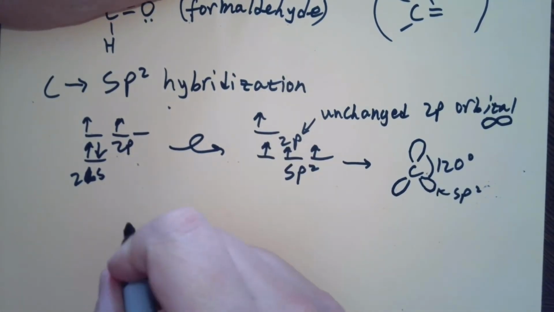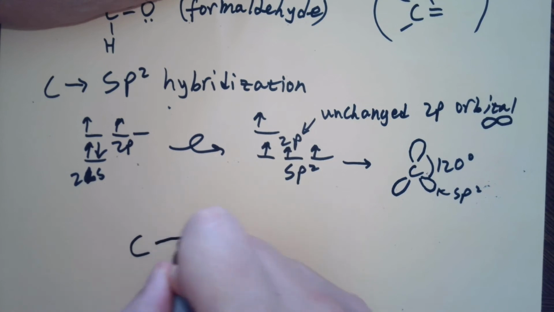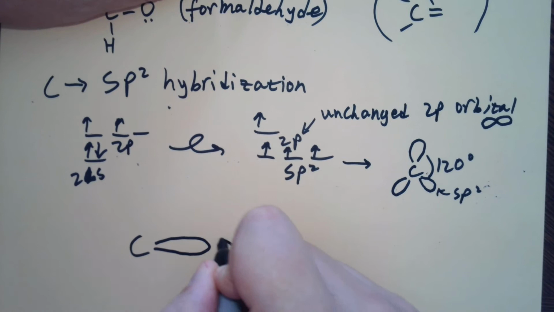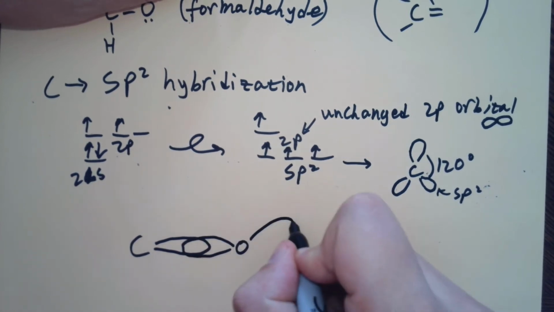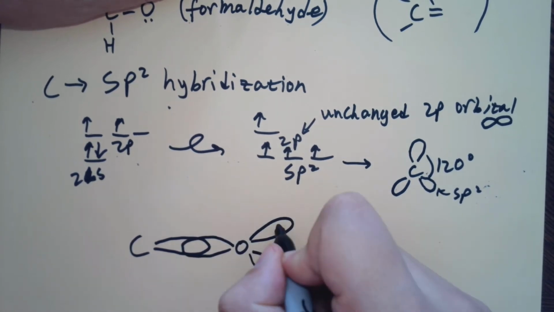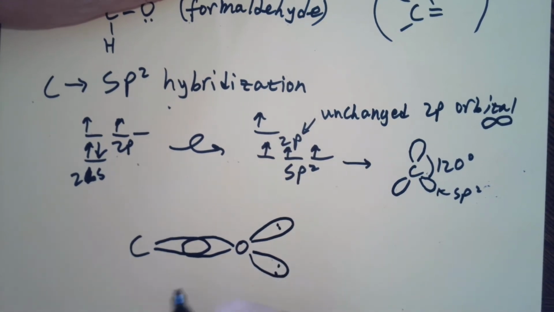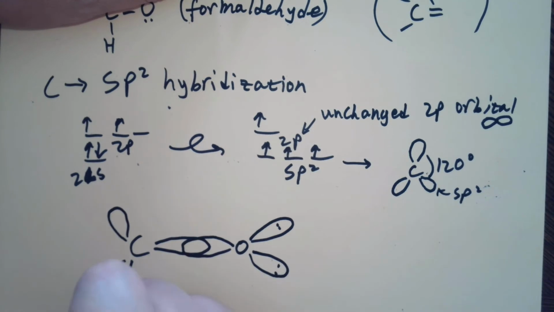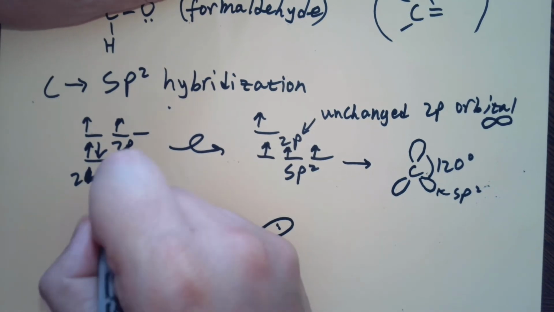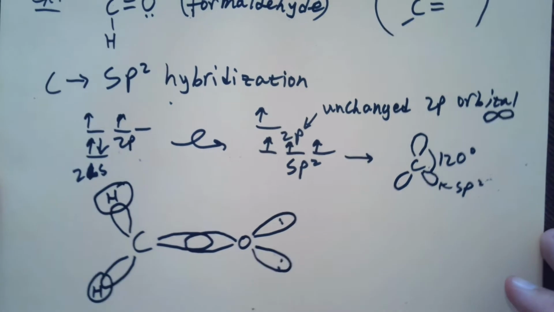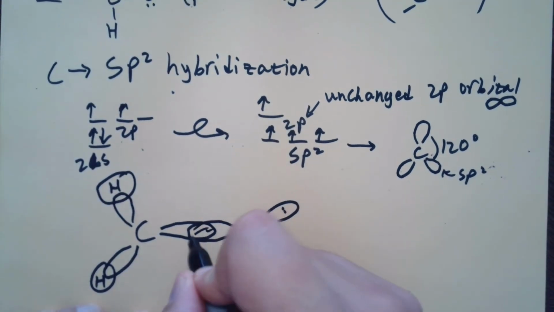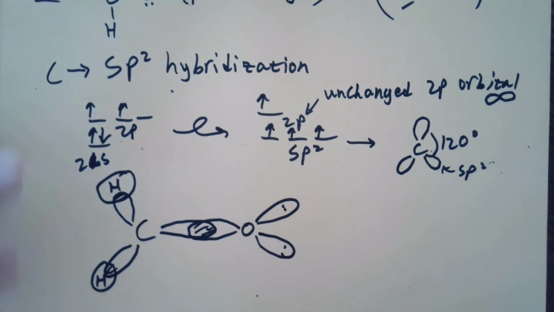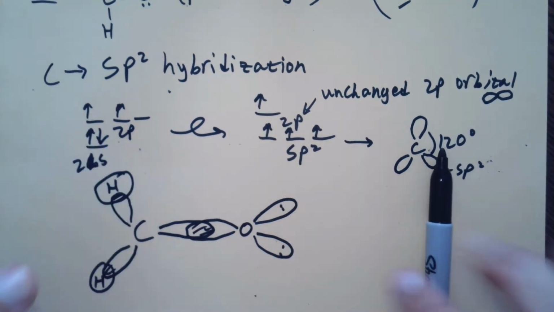And so if I draw the carbon, and then I draw the oxygen, oxygen is just going to have lone pairs in it. Carbon's going to bond to hydrogen. Okay, so these are my overlap regions. These are full, so they don't need to be used for a bond. And so we have this situation where all this is happening.